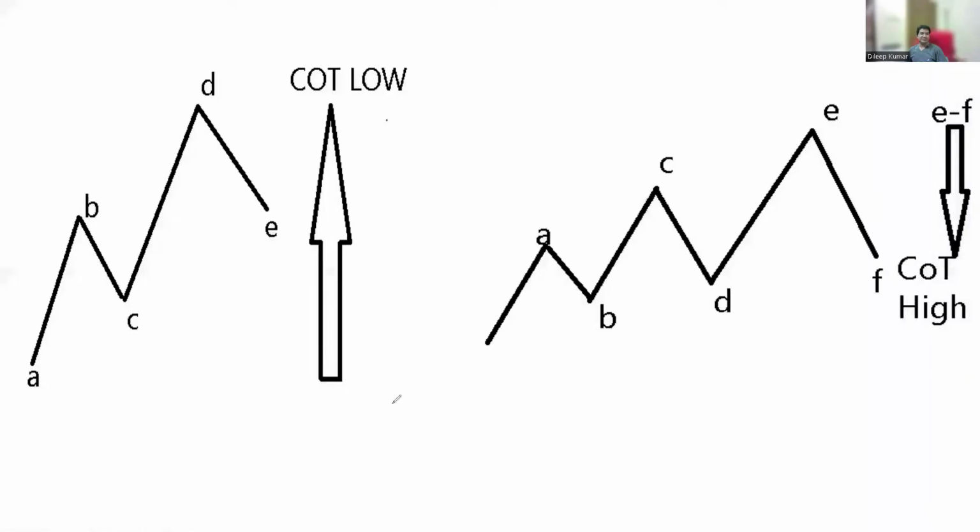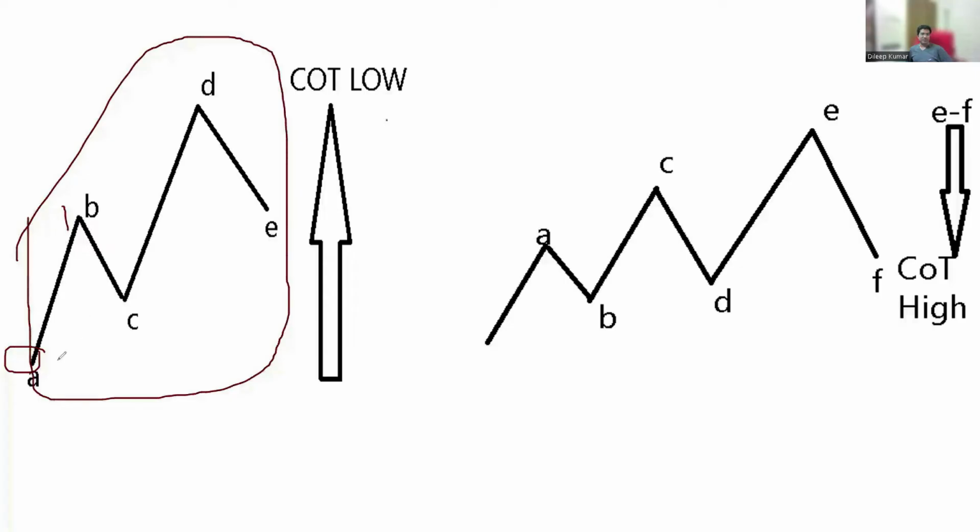We'll understand this with one scenario of cart low. A point, B point. Let's suppose this is a total 5-minute candle. Before forming this 5-minute candle, this is how the price moved: A point, B point, C point, D point, E point.